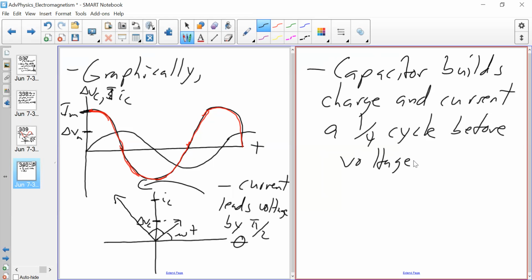So again, the current reaches a maximum value for all values of theta that make the cosine function equal to 1. And that occurs at 0 and 180, plus or minus. Again, we're just evaluating what we see.